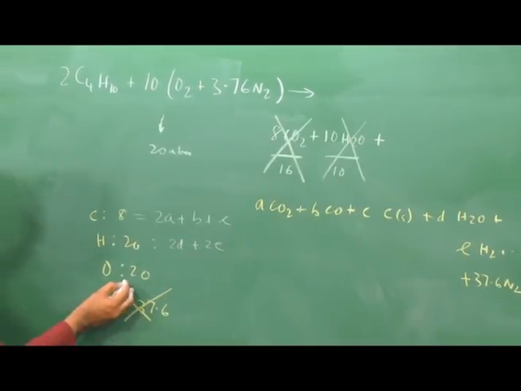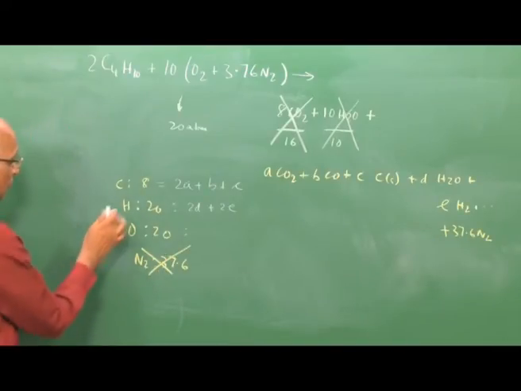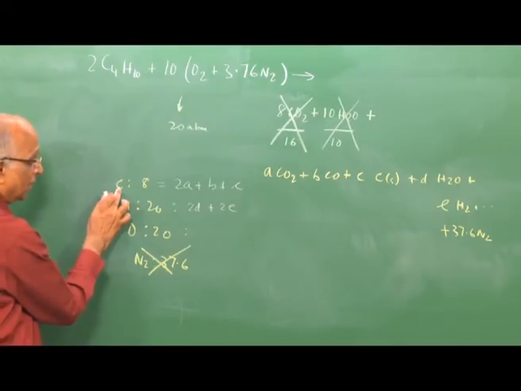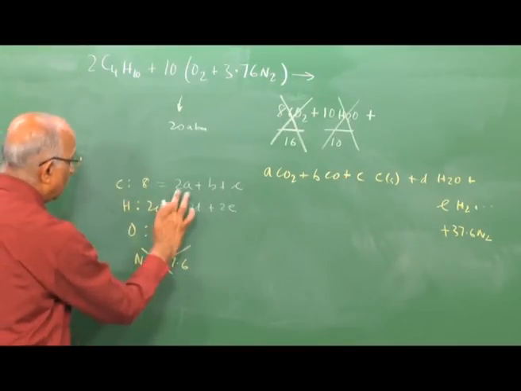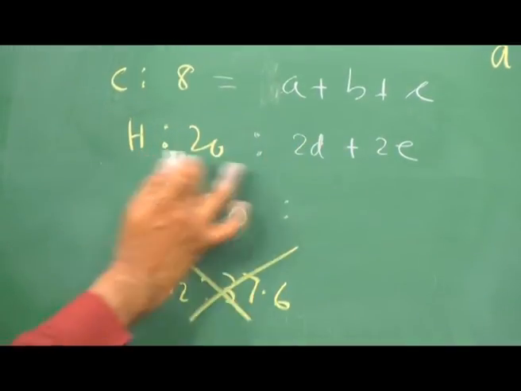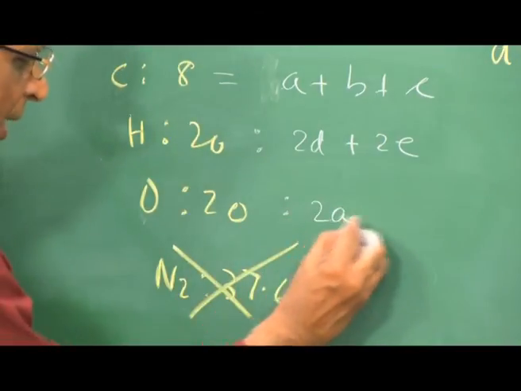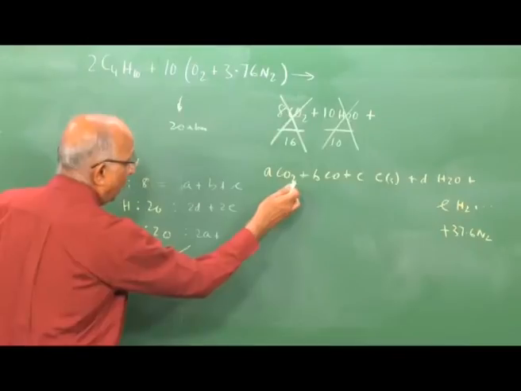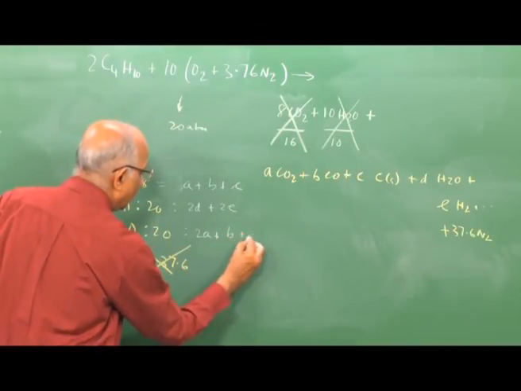Oxygen balance, if I were to write, carbon balance is CO2, therefore it is just A plus B plus C over here. Hydrogen balance is 2D plus 2E. Oxygen balance is equal to 2A plus B plus D.